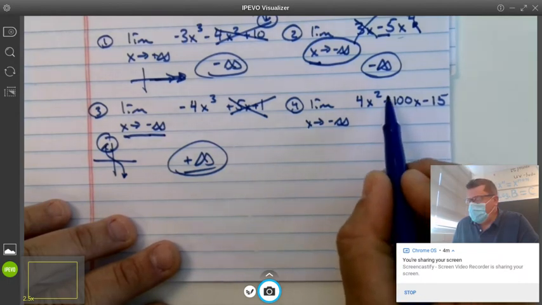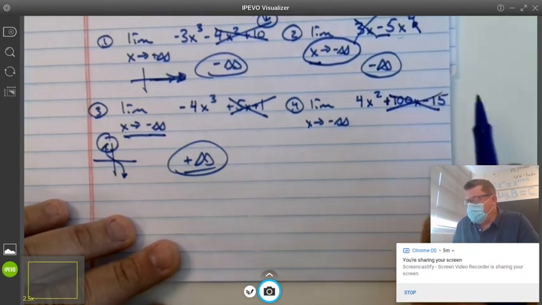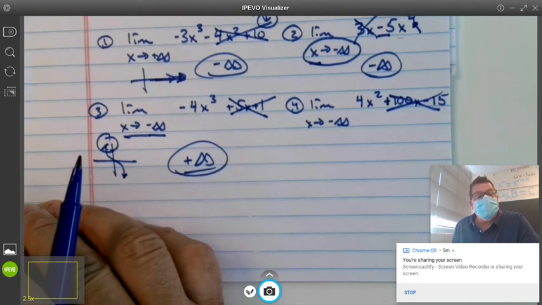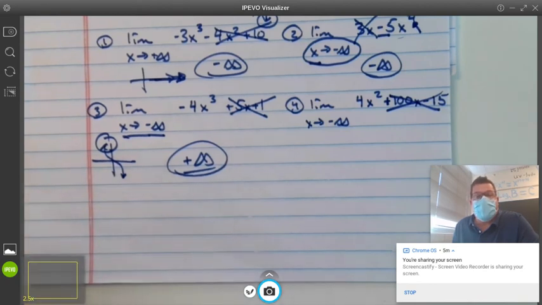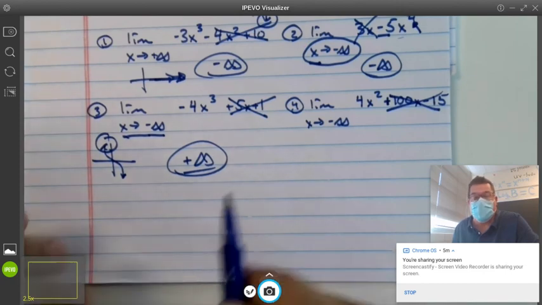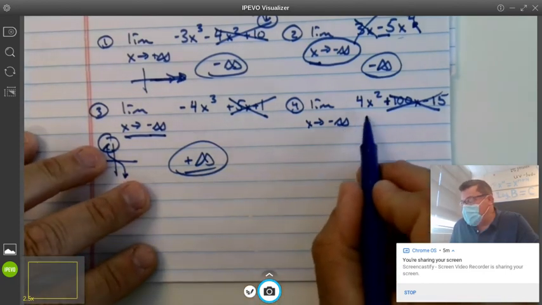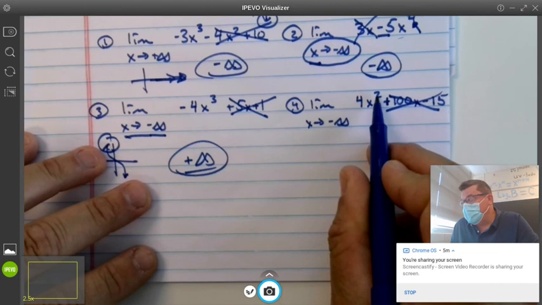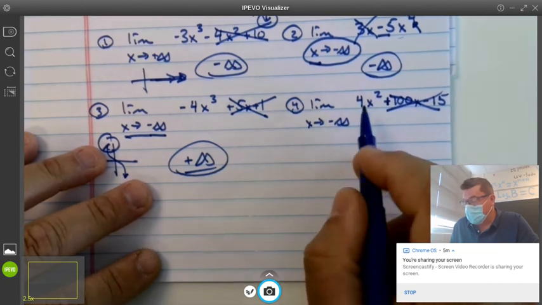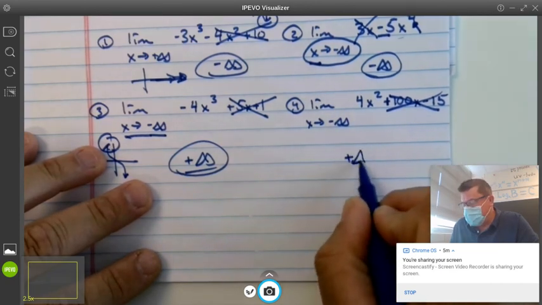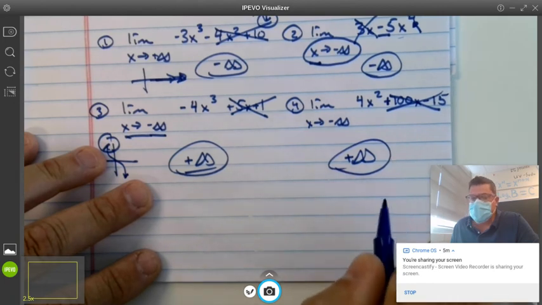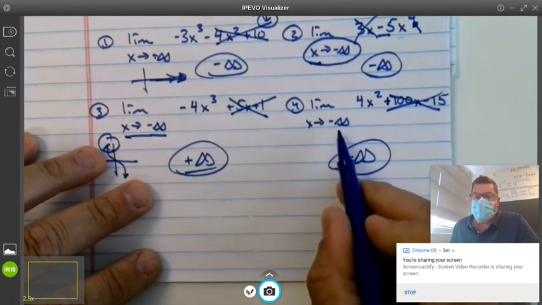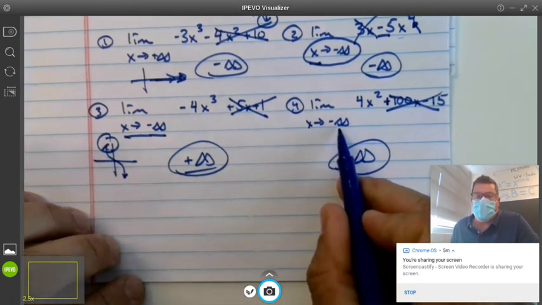That's why it's only the term that creates the degree that makes a difference. Okay, the highest power of x is the only one that gets to participate. We throw that negative infinity in there, square it, it becomes positive infinity, times 4 is positive infinity. So the y value is going to positive infinity as x goes to negative infinity.